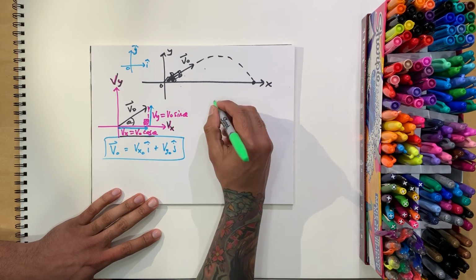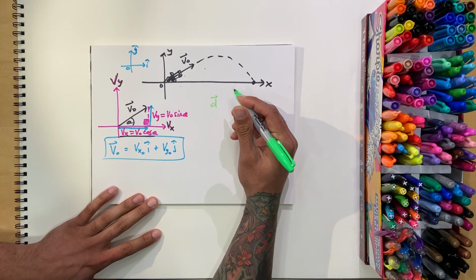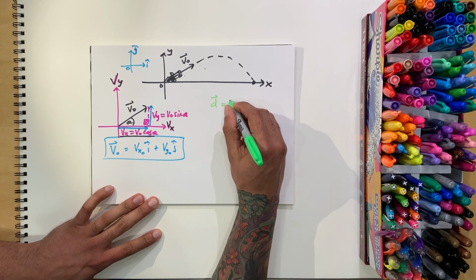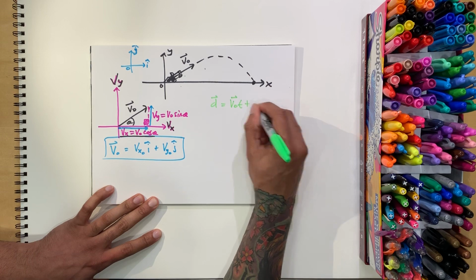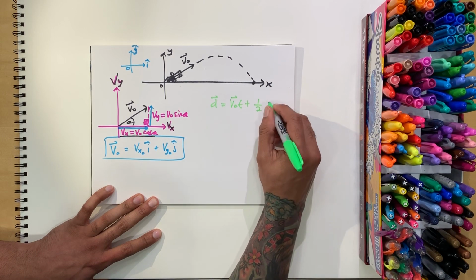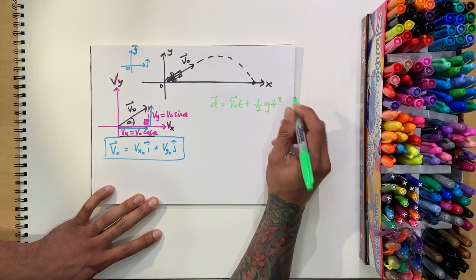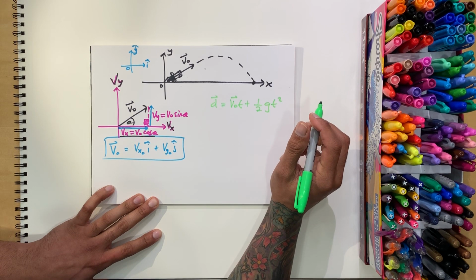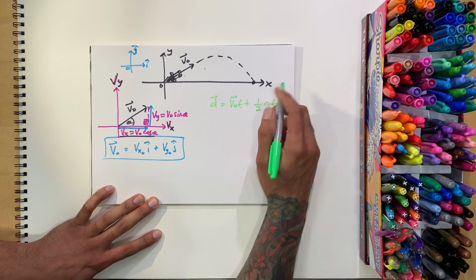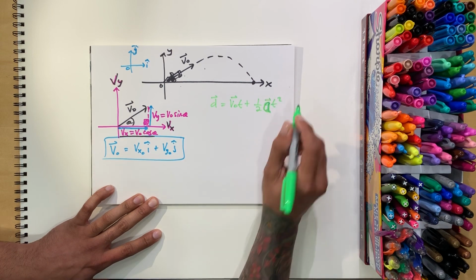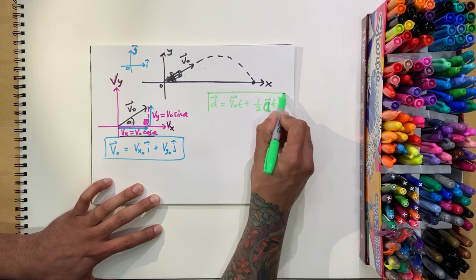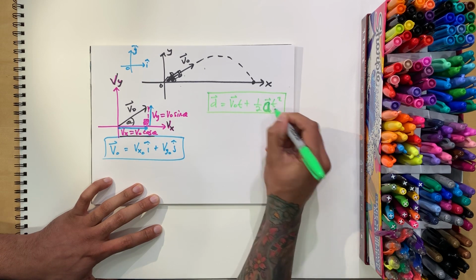So you're gonna have displacement is equal to velocity initial times time plus 1/2 at squared. And I should put here acceleration, right? And show you what I mean by general. So this is an a.